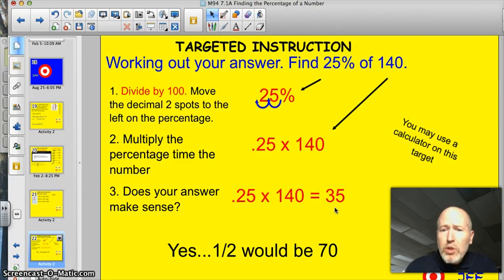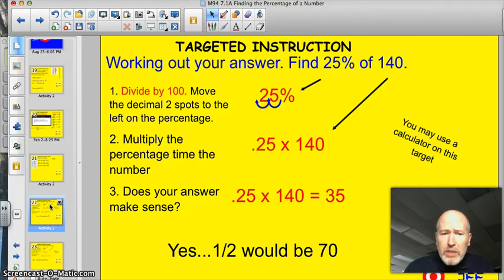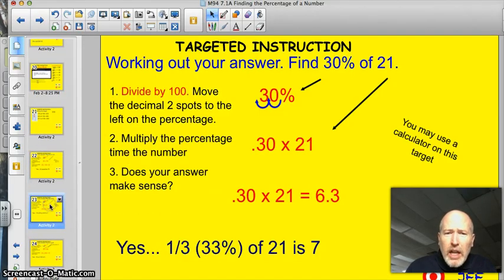Now you're going to be able to use a calculator on this target, and maybe I'll do that on the next problem so you can get the hang of it. All right, our next problem. Work out your answer to this. Find 30% of 21. Same steps. We divide by 100, so we move the decimal place on the percentage 2 spots to the left. Our percentage has now become a decimal.